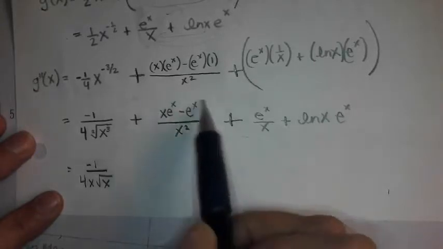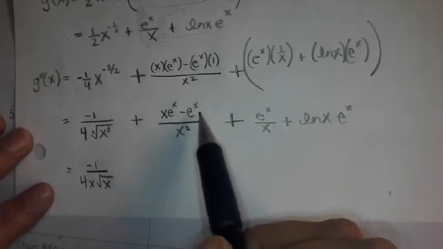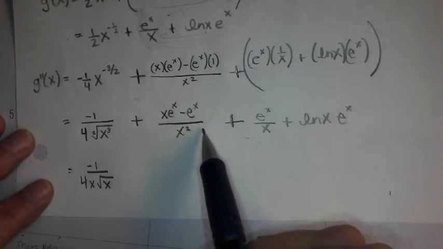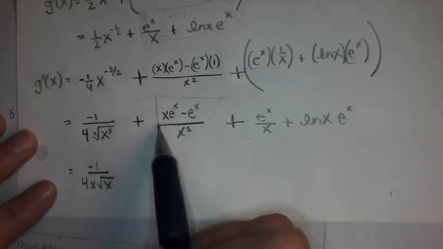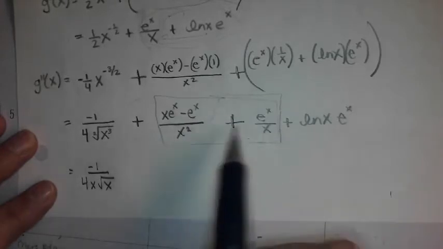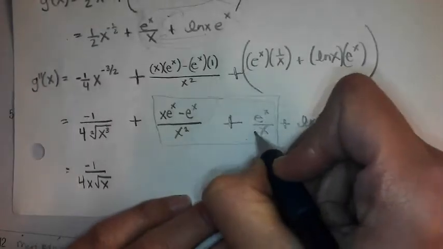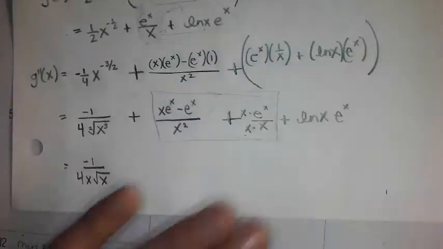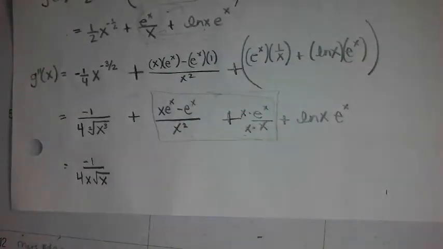Maybe they would factor out an e to the x. I would say they'd almost definitely get a common denominator with these two. And again, I'm still just guessing based on what my experience has kind of led me into a certain direction.